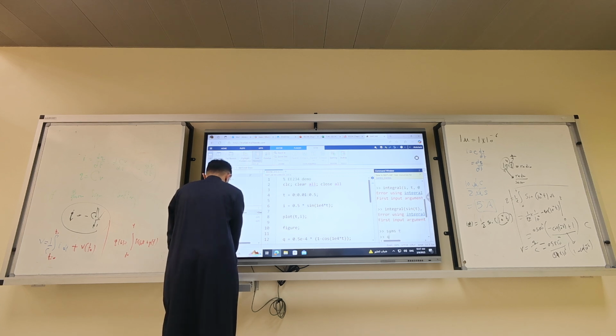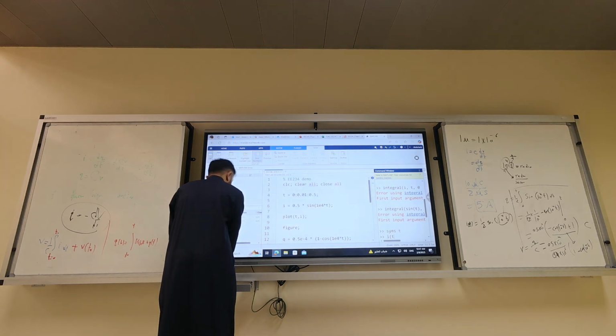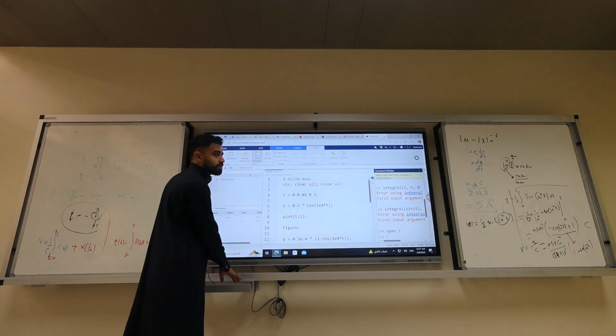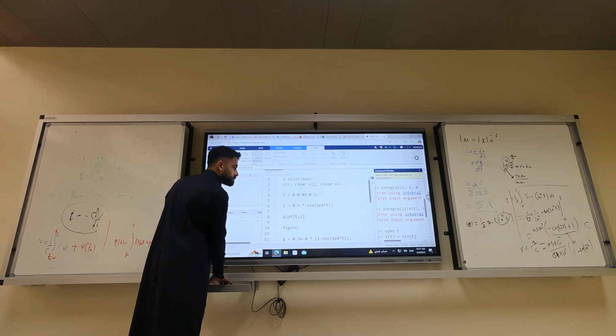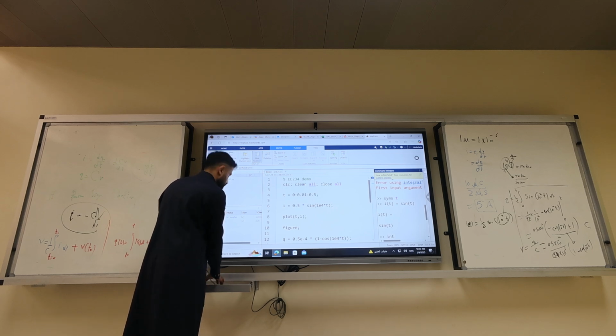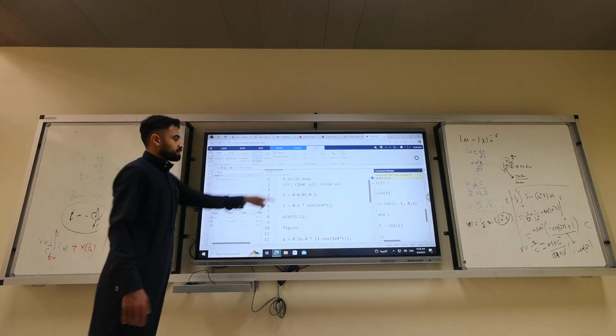Then let's say i of t equals sine of t. Okay, let's make it simple. Then int, I think. Only int? Yes. Sine of t, as a function of t, from 0 to 1. You're right. 1 minus cosine.